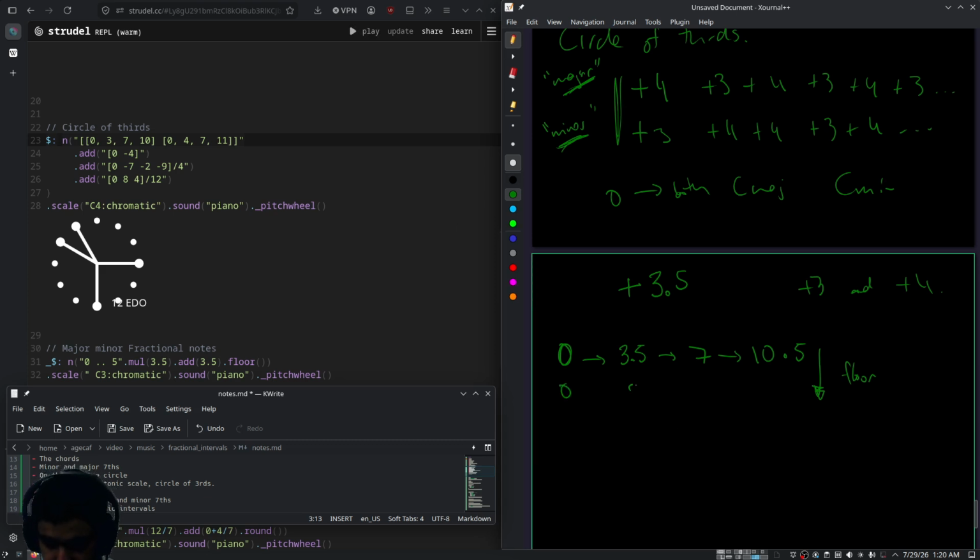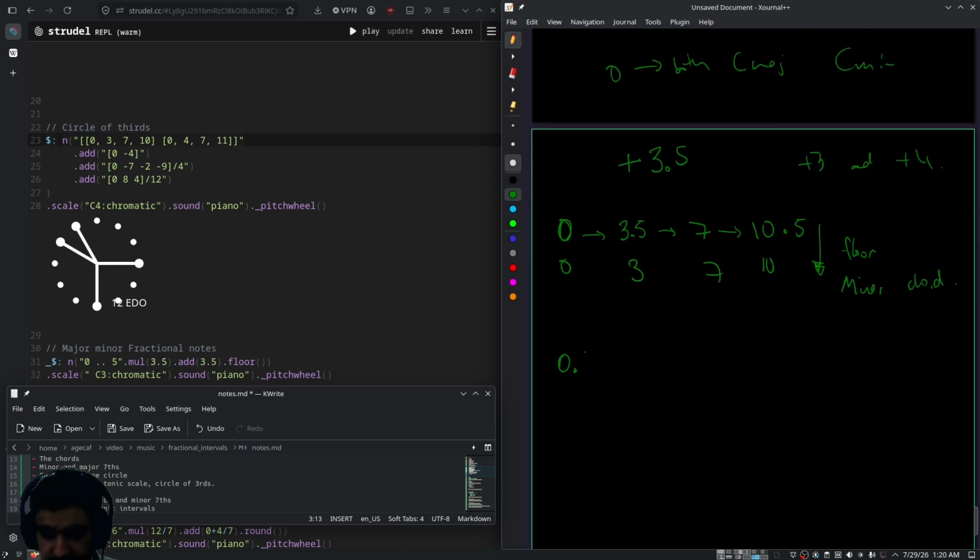And I get 0, 3, 7, 10, which is our minor chord. However, if I start with 0.5 instead, I get to 4, to 7.5, and to 11, which when I collapse gives us 0, 4, 7, 11. That's our major chord.